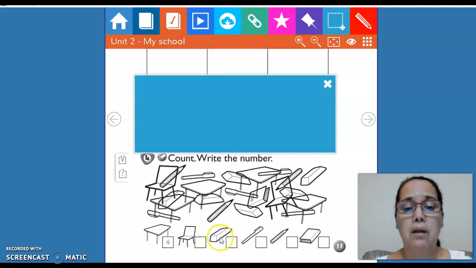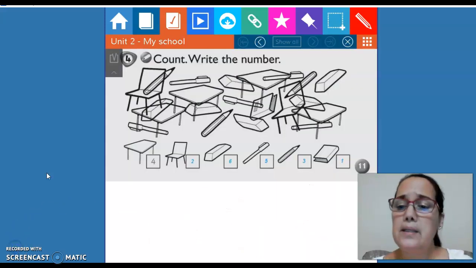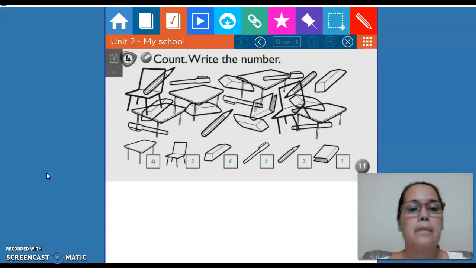The chair, the eraser, the pen, the pencil, and the book. Let's check your answers. Please take out a red color, okay? A red color. How many chairs are there?